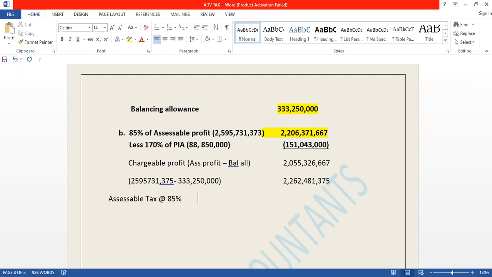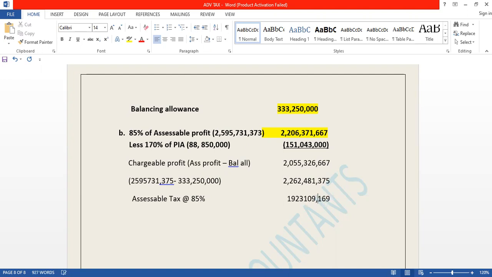This is the last calculation we want to get now. So what is 85% of this figure? 1923,109,169.